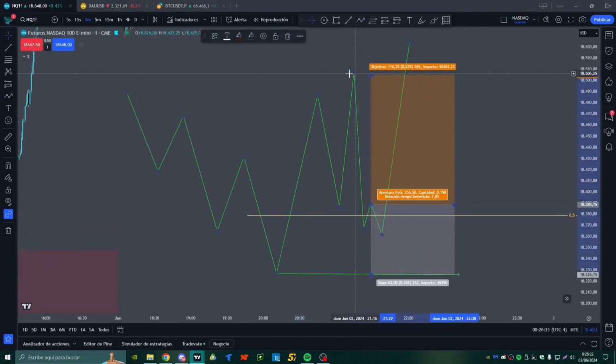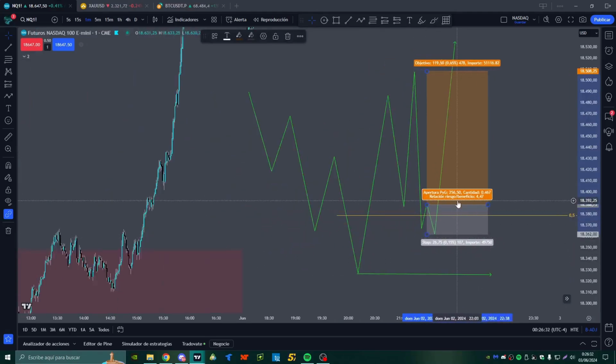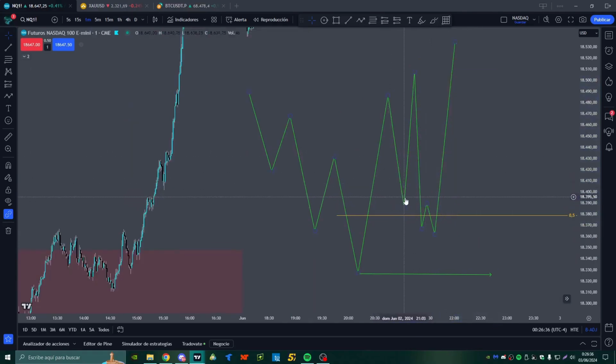This way, having the same target in the trade, we can refine the stop loss around here, and we can have better ratios. So the system is basically that.